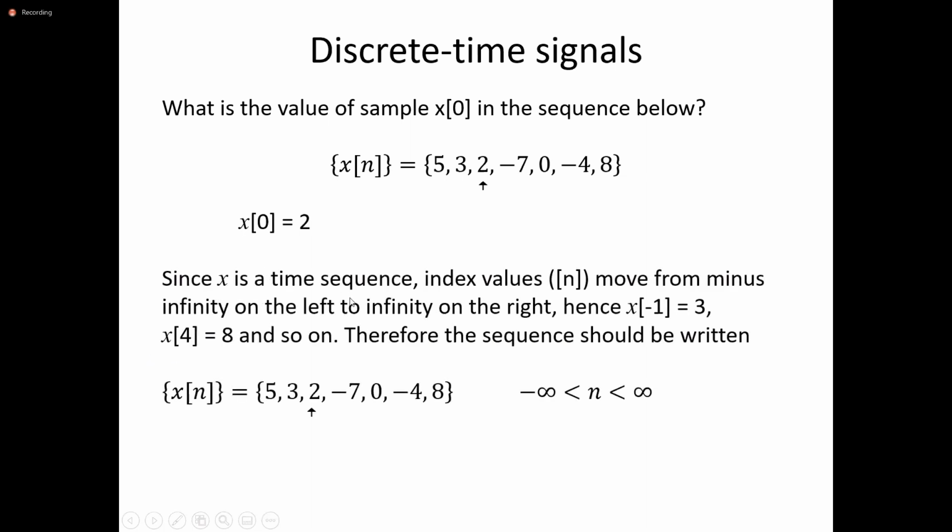All right, now since x is a time sequence, we are moving from the past to the future on the left. Right? So these are values which have come in at the past, and these are future values. We'll see a bit more about past and future values in a little while.